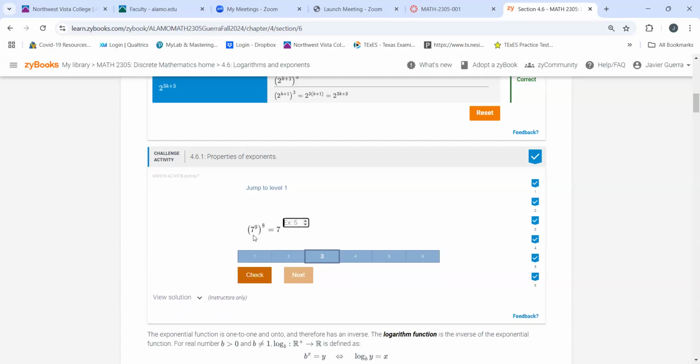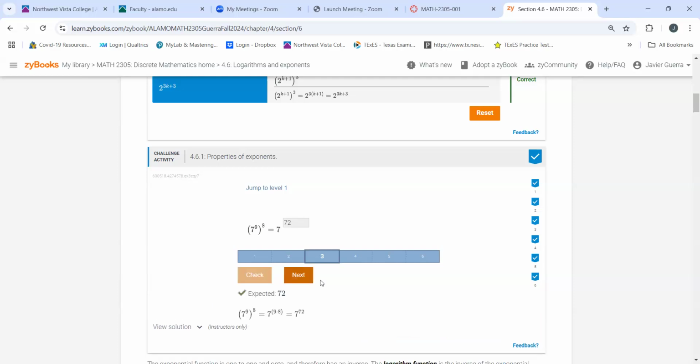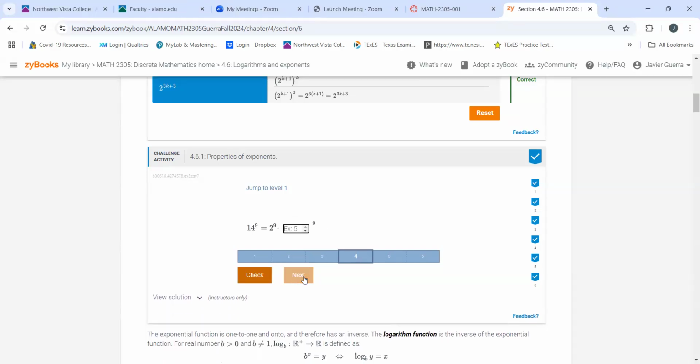Next one, I have an exponent raised to a power, so I have to multiply the exponents. So that should be 72. Next one, they want us to write that as a product of two bases.